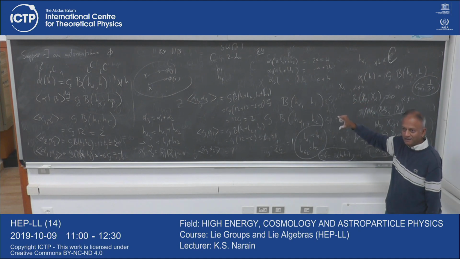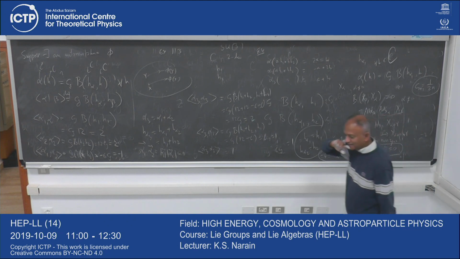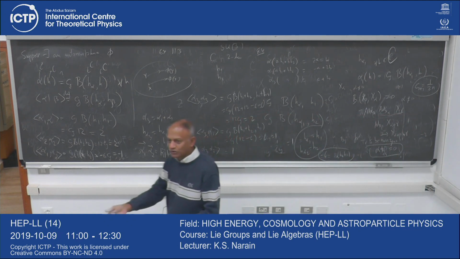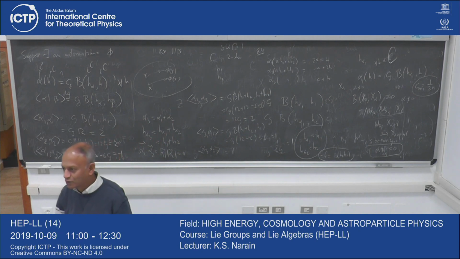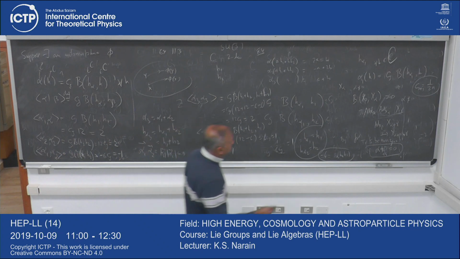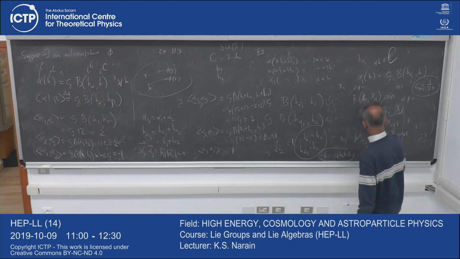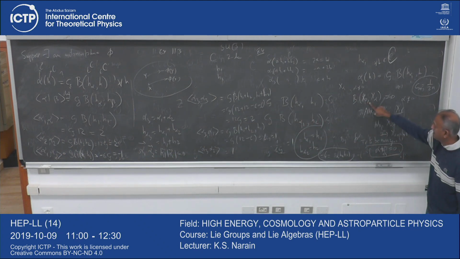But you can ask, maybe it's just an accident that in SU(2) and SU(3) it happened like that. How do we know that for other algebras it's the same? But this means, if we demand that B is non-degenerate, that implies that there should be a minus alpha also.